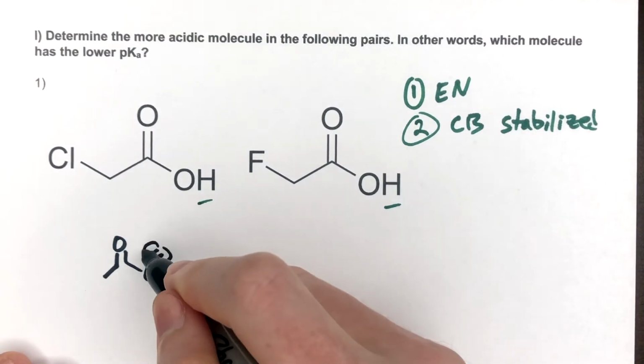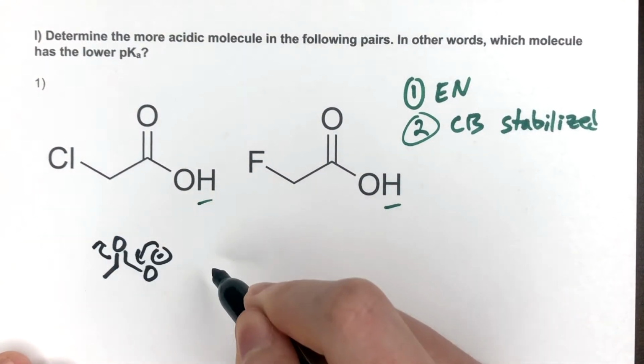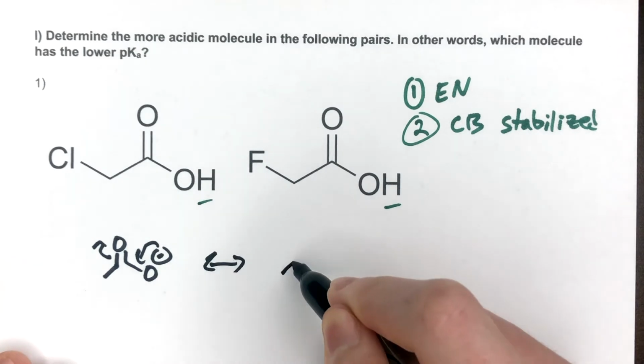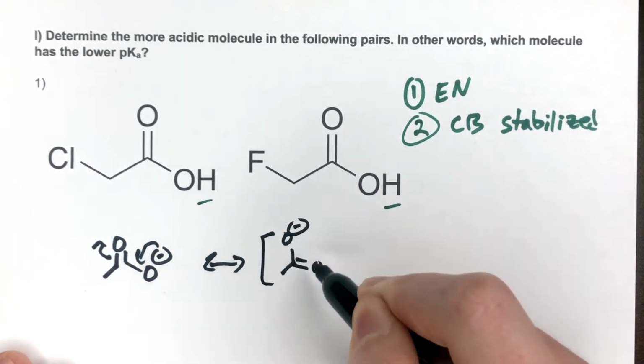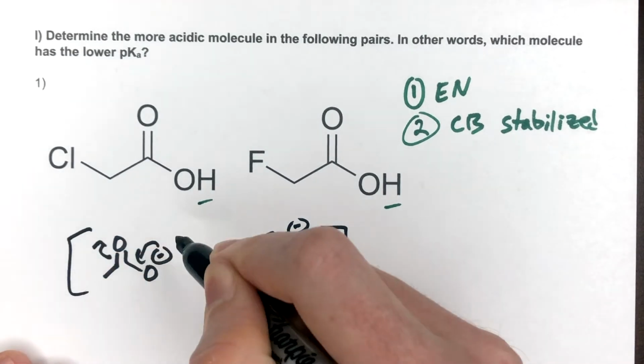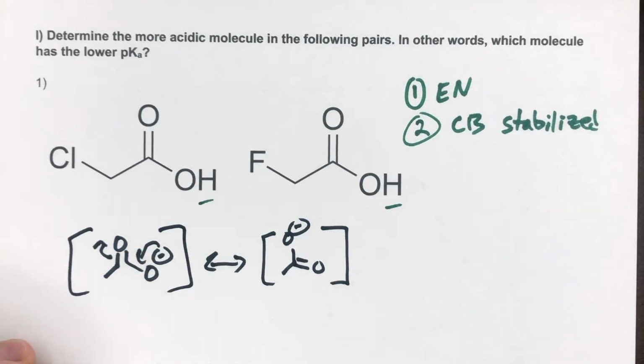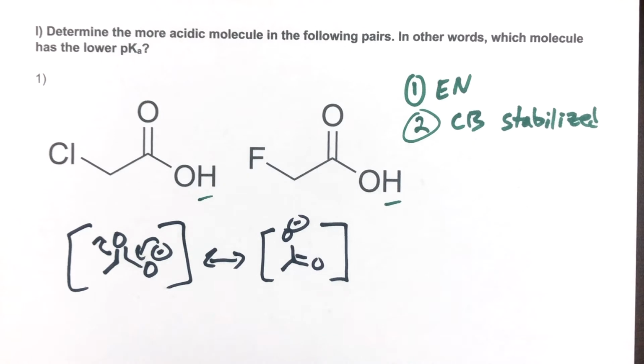This can resonance stabilize like we've seen before into this resonance structure. Again, remember resonance structures should be bracketed and you use this double arrow, not the equilibrium arrow. I'm not showing the chlorine or fluorine, but this is the resonance structure for both of them, and they're equally stabilized by resonance. So there's no difference there.